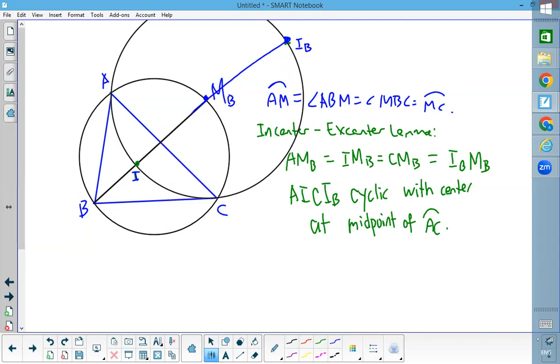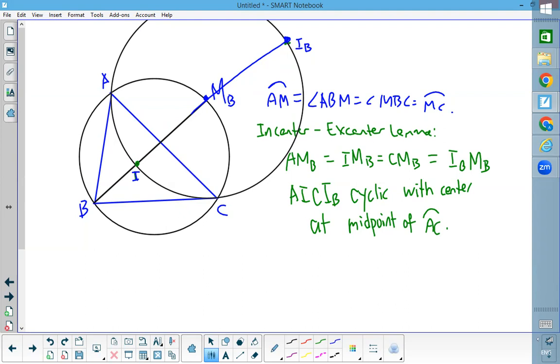So these are the two very important setups you need to know, and we're going to need to use them for some of the problems down the road. That's why, whenever you have the circumscribed circle and the incenter, what do we do to the diagram?